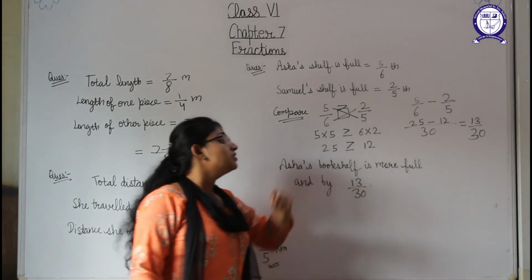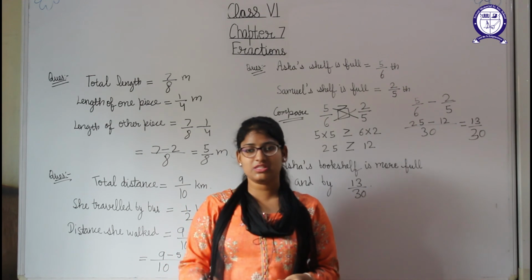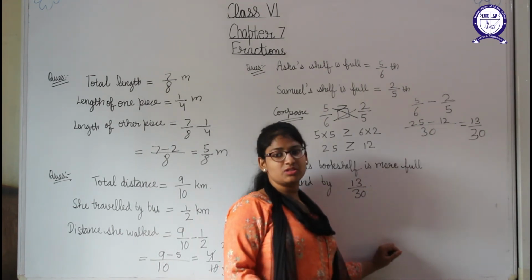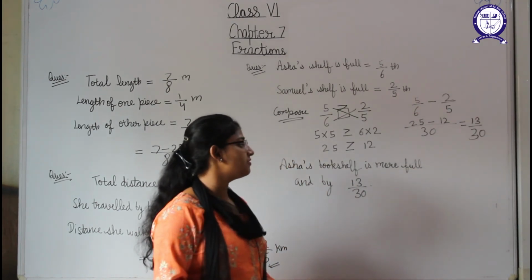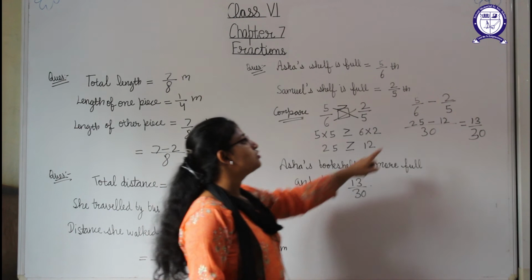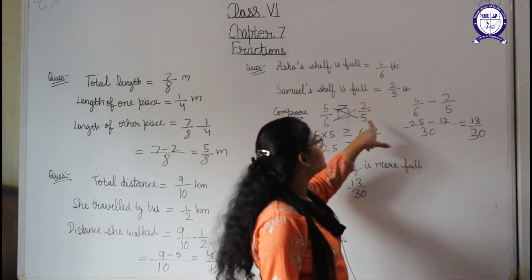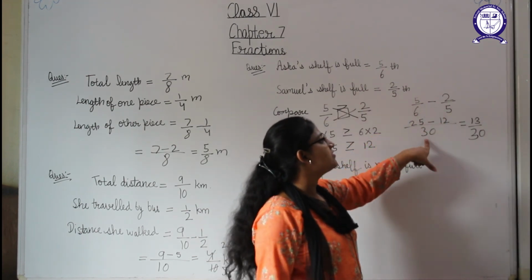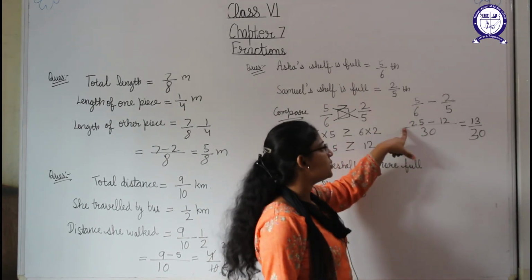Okay, and in the next part we have to tell by how much. It means we have to subtract to know how much more Asha's bookshelf was full. So 5 by 6 was the greater fraction. So 5 by 6 minus the other fraction, 2 by 5. Again we will take the LCM of 6 and 5, it will be 30. Now 30 divided by 6 is 5 and 5 5s is 25.